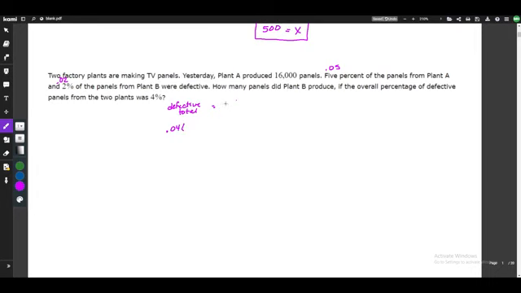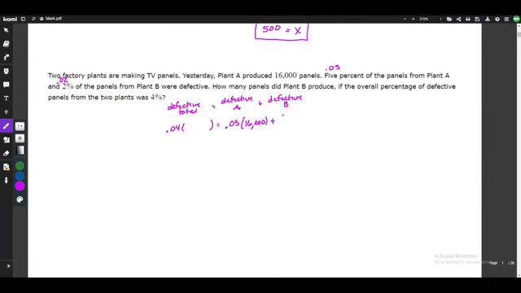So we're going to talk about that. So defective A plus defective B. All right, so I'm going to fill this in a second, but defective A is going to be 5%. So 0.05, and the number that they produced was 16,000.